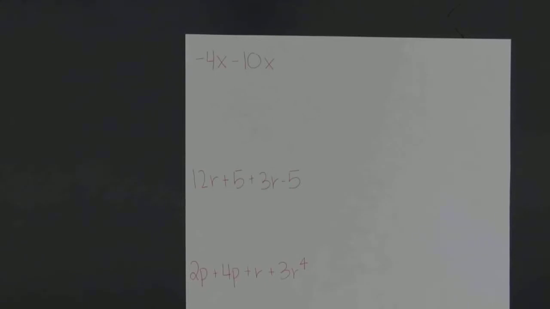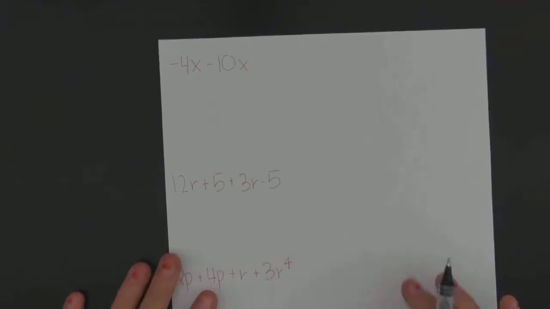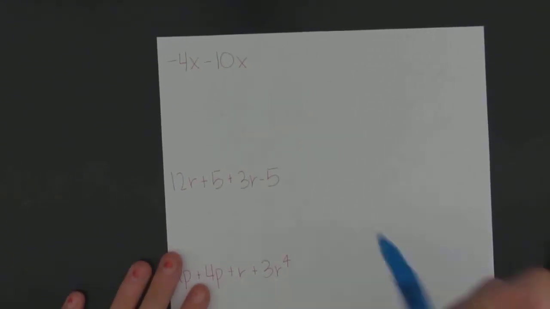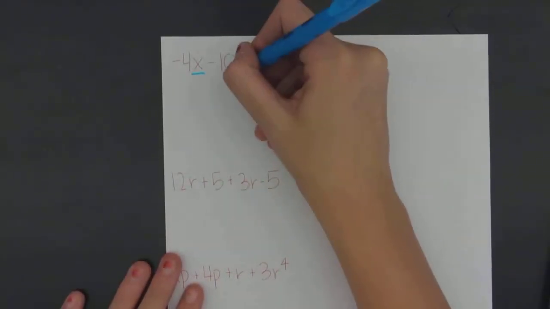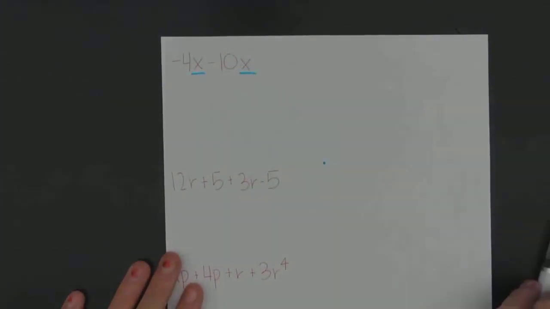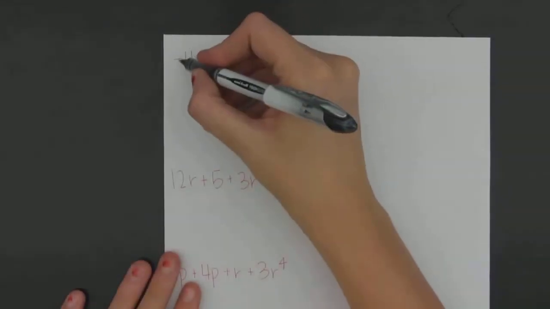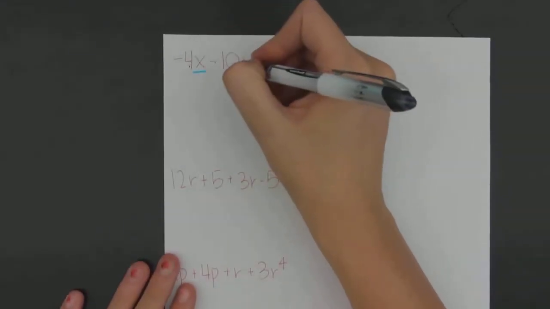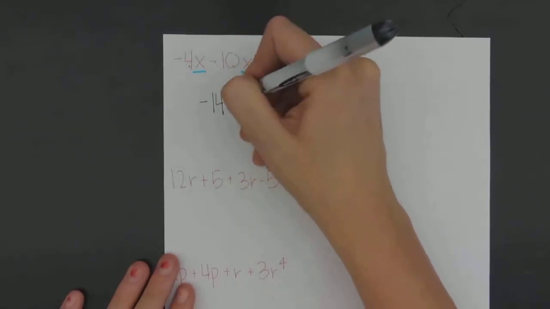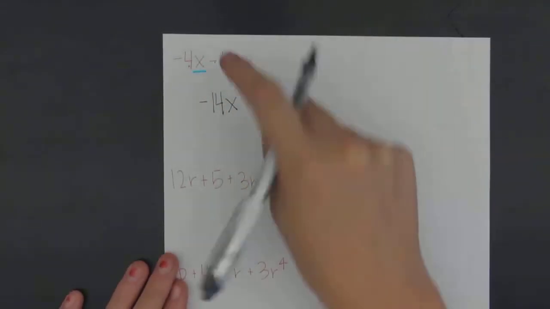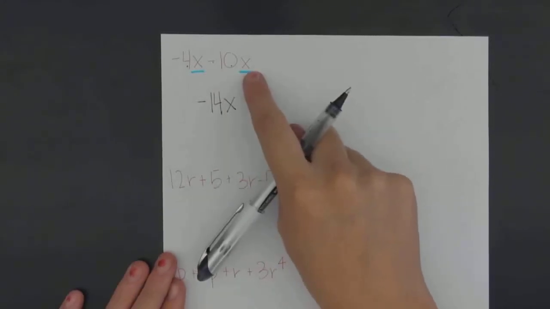So if I'm looking at this one right here, I have negative 4x subtract 10x. So I want to look and see if my variables are exactly the same. I have 1x there, 1x there. I can just combine them. So I say, what is negative 4 subtract 10? I know that would be negative 14. And I just copy down the variable. Because I am adding and subtracting, I don't do x squared.